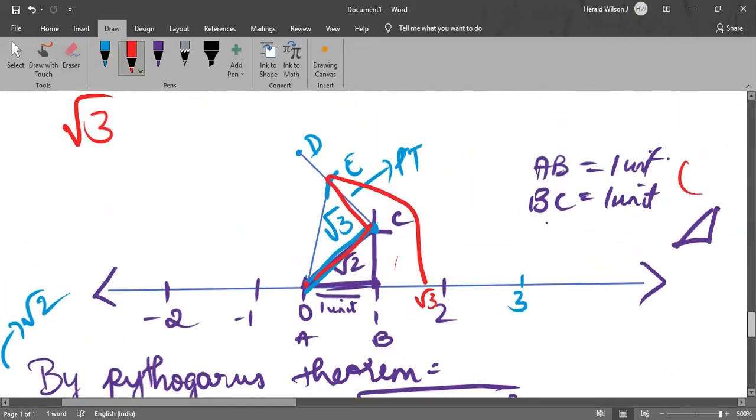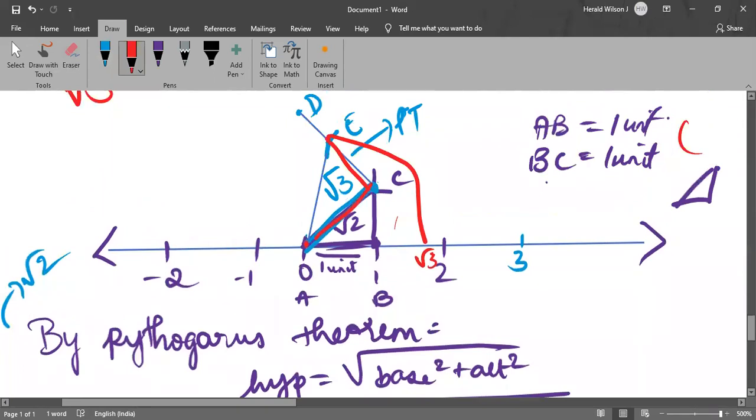Is it clear, guys? Let me explain once more. By using Pythagoras theorem, we are getting this. Base is root 2, 90 degrees at point C, and then 1 unit measurement. There should be an arc cut of 1 unit using compass.